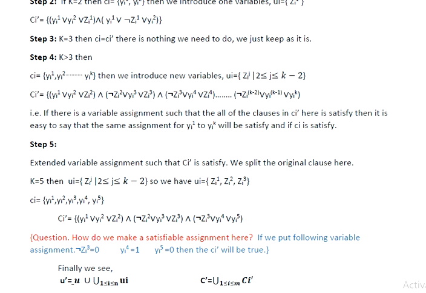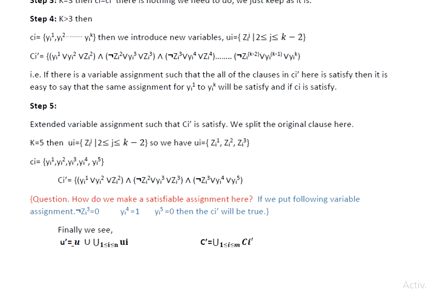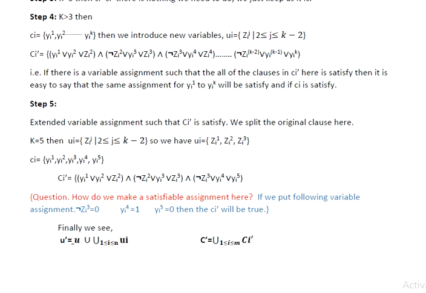So this is my construction for when my k value is greater than 3. If there is a variable assignment such that all of the clauses in ci prime are satisfied, then it is easy to say that the assignment of y will be satisfied if ci is satisfied.